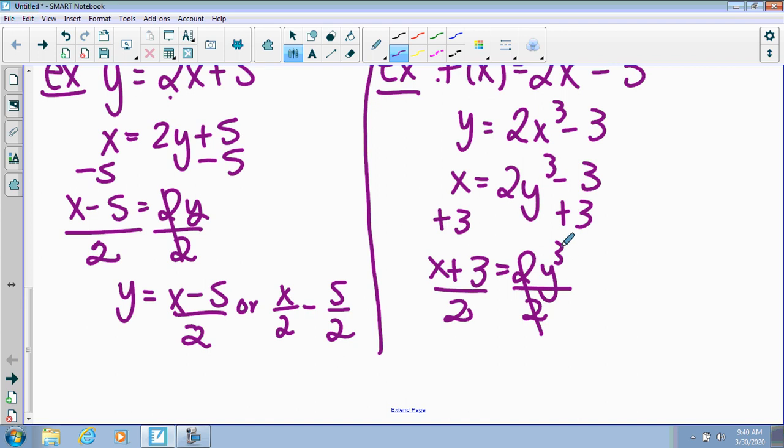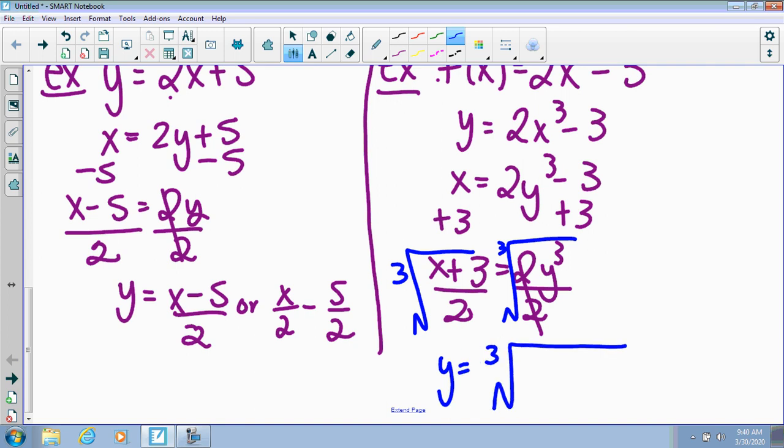And then how would you get rid of something to the third power? We did this in, was that the last lesson? No, 6-5. You're going to take the cubed root of both sides. So we'll do the cubed root of those, and that will be our answer. So y is the cubed root of x plus 3 over 2.